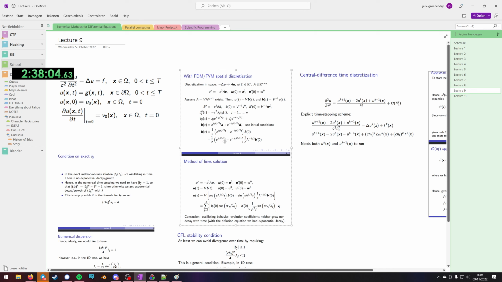But good lord, do I not understand why this is possible? Like, for every point, it is the eigenvalue. This is for the diffusion equation that you're looking at. This is for the negative lambda u.